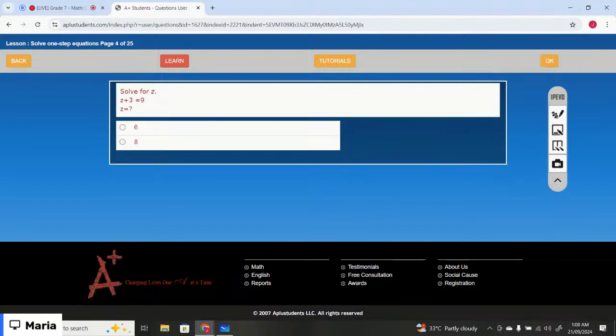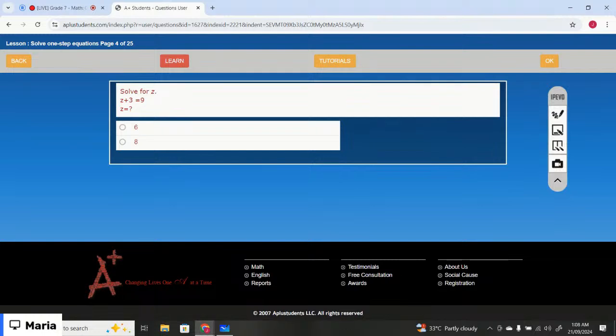The next one is solve for z. z plus 3 equals 9. So which is the correct option? Option number 1 is the correct option, right?